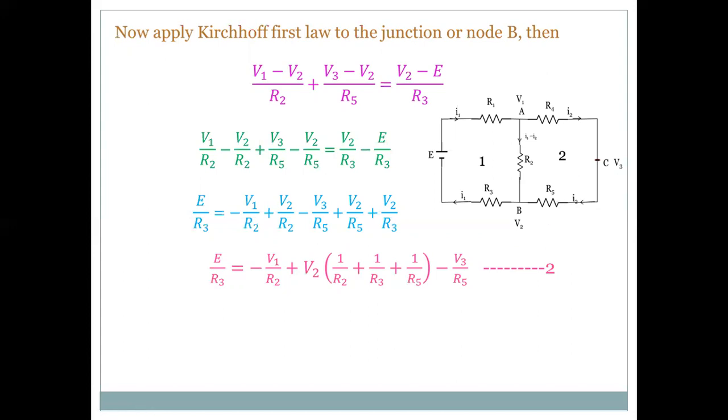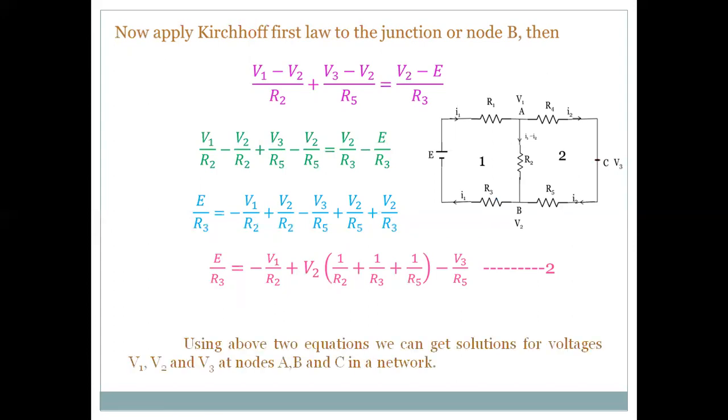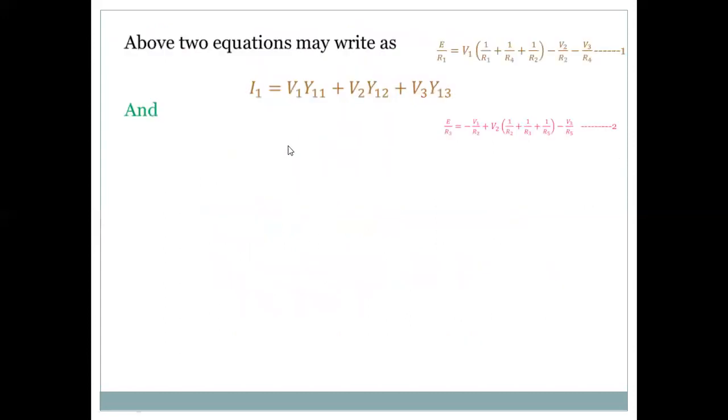By solving these three equations, we can determine the voltages V1, V2, and V3. Of course, for ease, these equations can be written simply. I1 is equal to E by R1, which is V1 into (1 by R1 plus 1 by R4 plus 1 by R2).